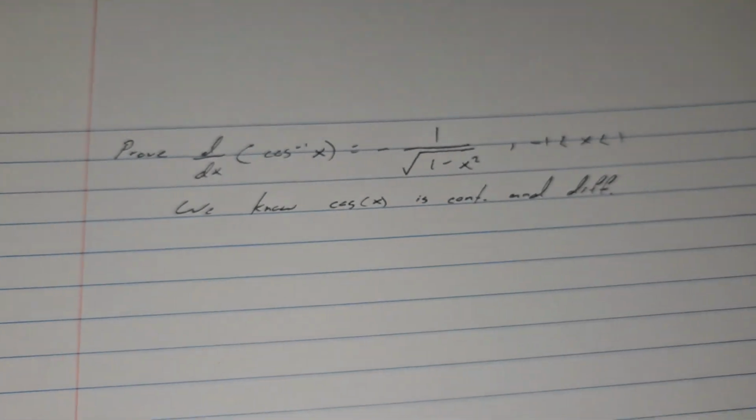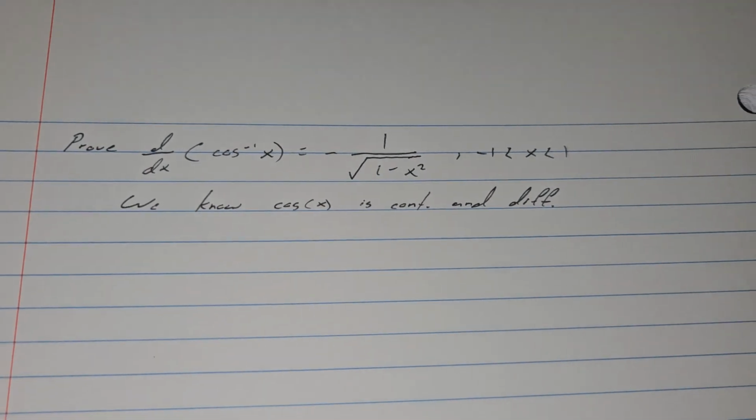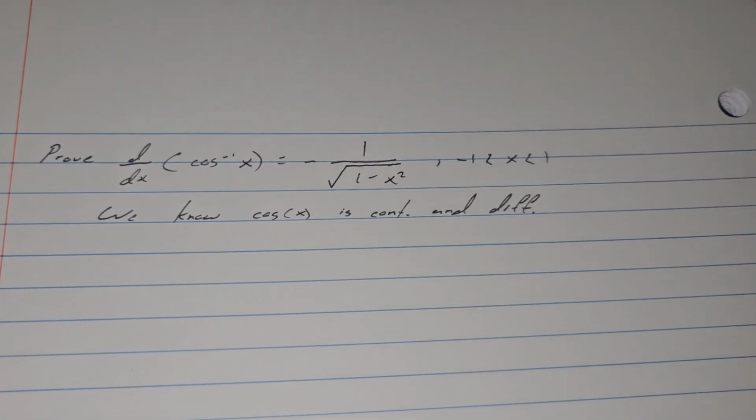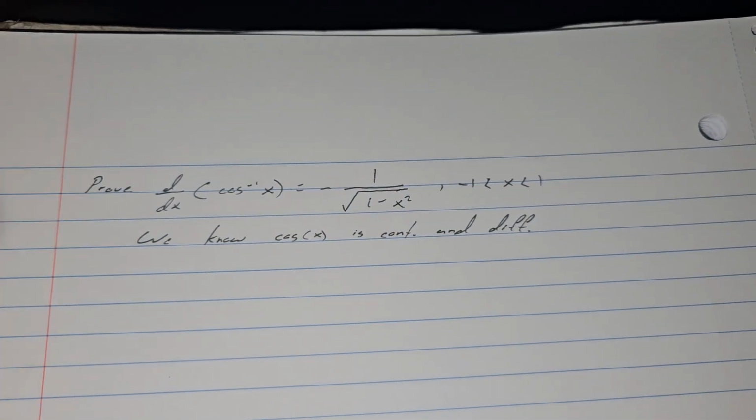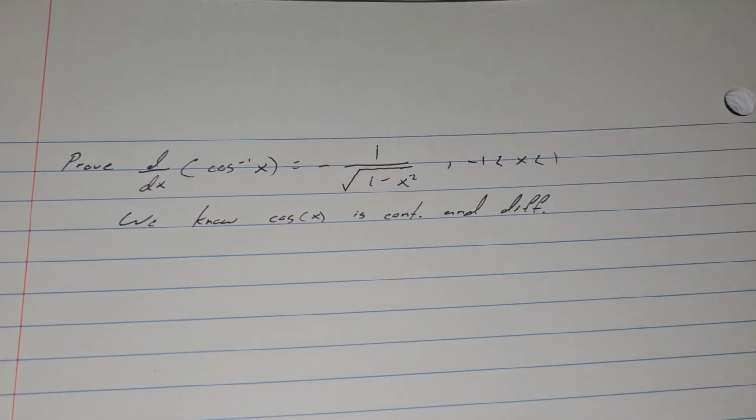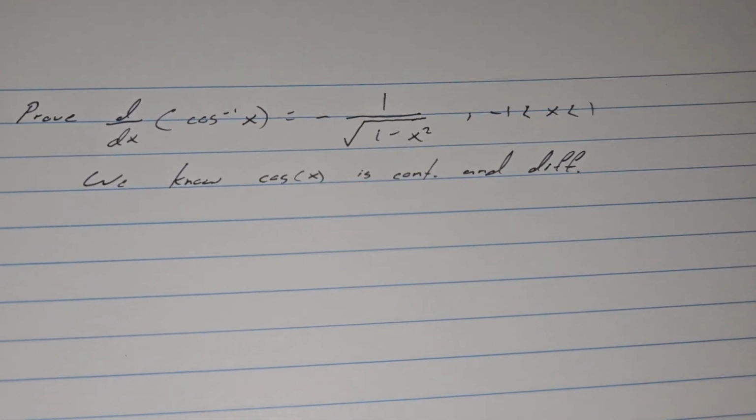Because we know the cosine function looks kind of like a wave. I'm not going to go too much into that. You guys should already know what a cosine function looks like. And you can see that it is continuous because you can draw it without lifting your pencil. And it's differentiable. You can take the derivative of it, right? So we know that it's continuous and differentiable.